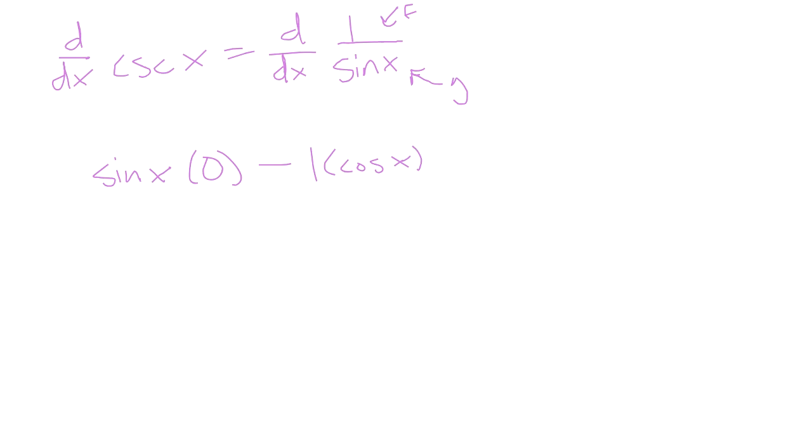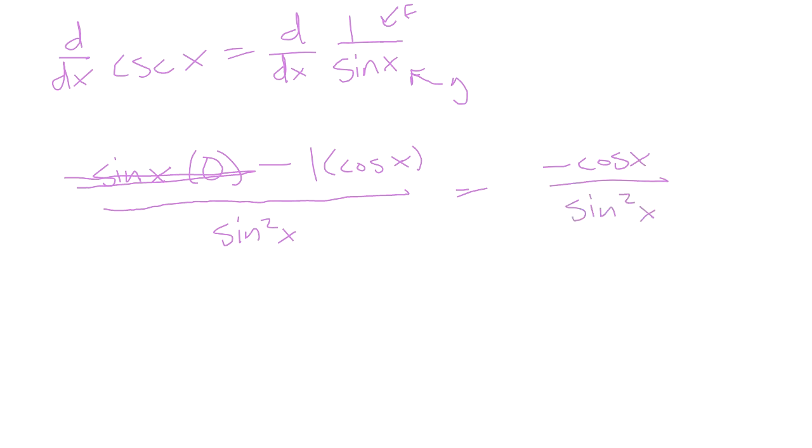This is going to be all over sine squared of x. Well, we have a sine of x times a 0, which is always going to be 0, so that can just cancel out. So now we're left with negative cosine of x over sine squared of x.